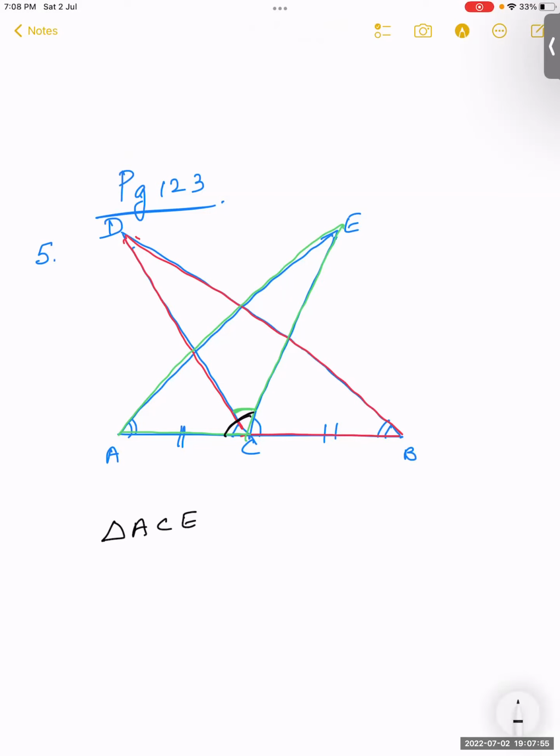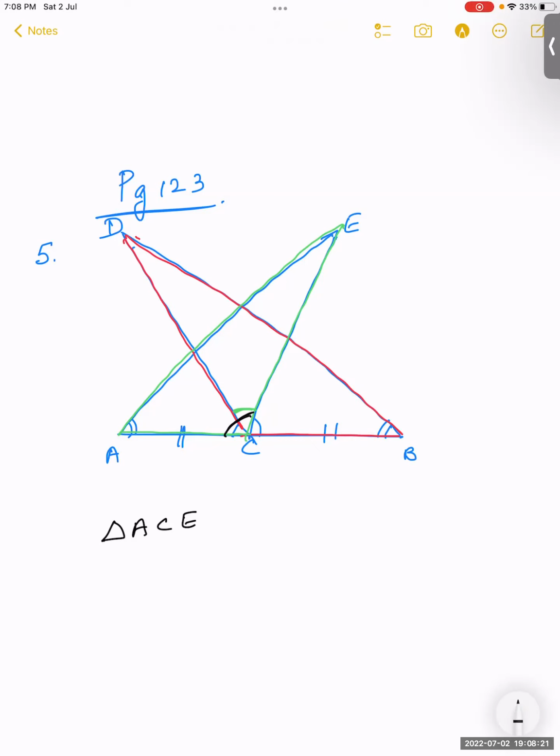Because in the triangle ACE, I have one side AC equal to the other triangle's side BC. I have one piece of information. The other information is angle A in triangle ACE is equal to angle B in triangle DCB. Okay, I need one more piece of information. I need to equate one more thing in both the triangles.